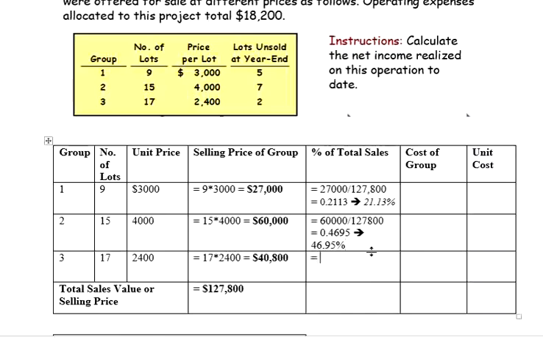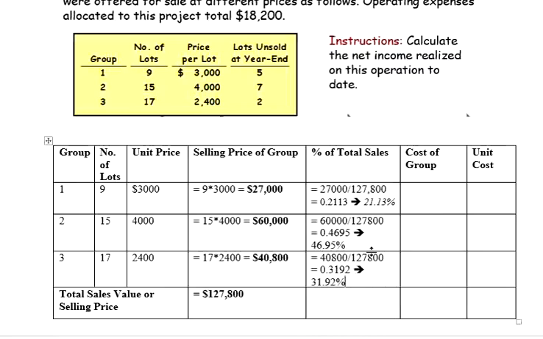In the last one, our group-wise revenue is 40,800, like obtained marks divided by the total marks, 1,27,800. So let's divide that. 40,800 divided by 1,27,800. We got a value of 0.3192, or if you convert that into a percentage, it becomes 31.92%. So that's the overall contributions that we have.